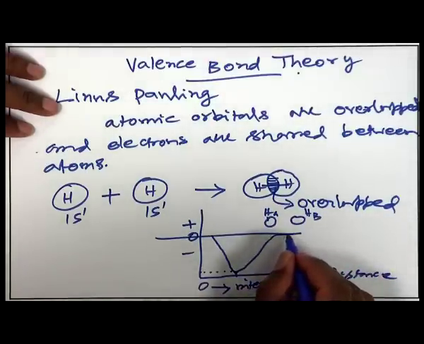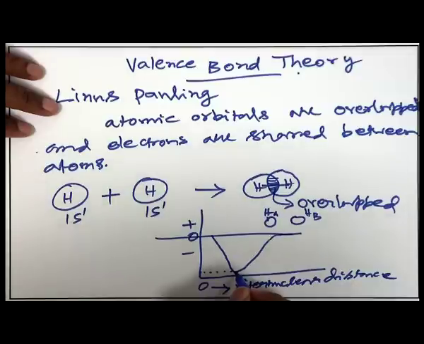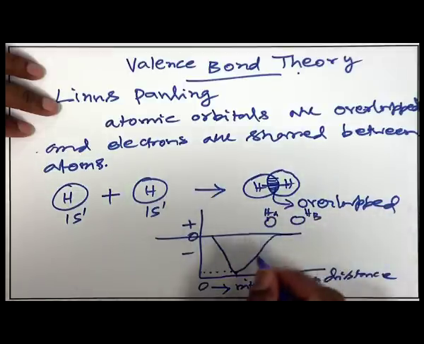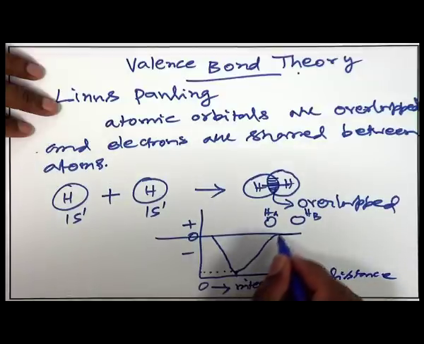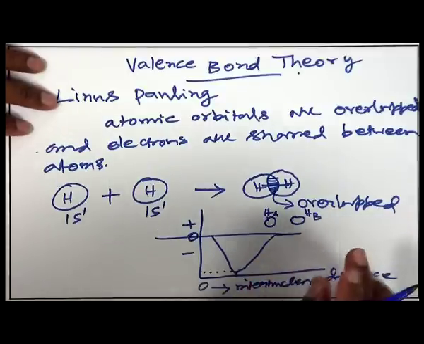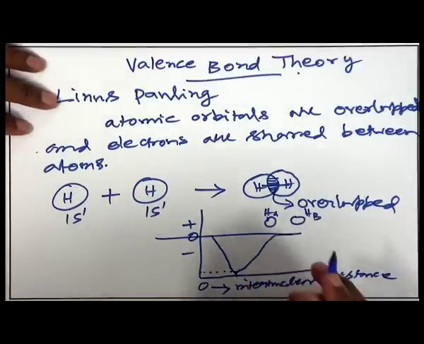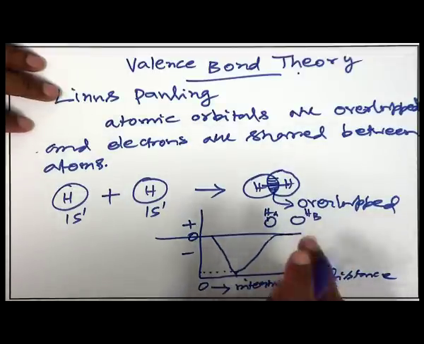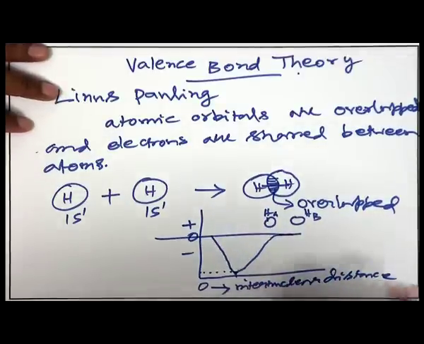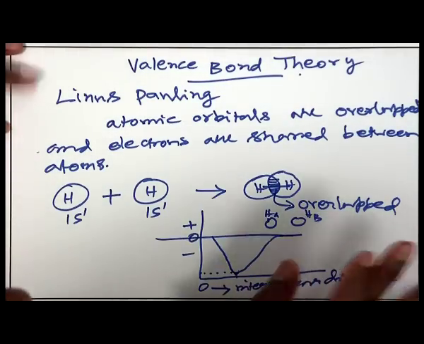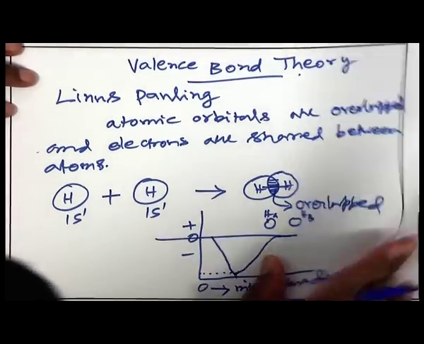At this stage the energy is higher, and here the energy is lower because a bond is formed. When a bond is formed it becomes more stable, and the energy difference between these two levels is released. As a result a stable molecule is formed. In this way, bond formation is explained in valence bond theory.